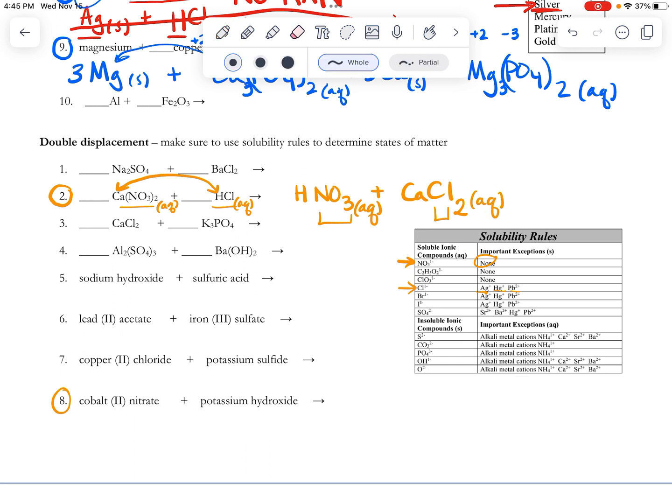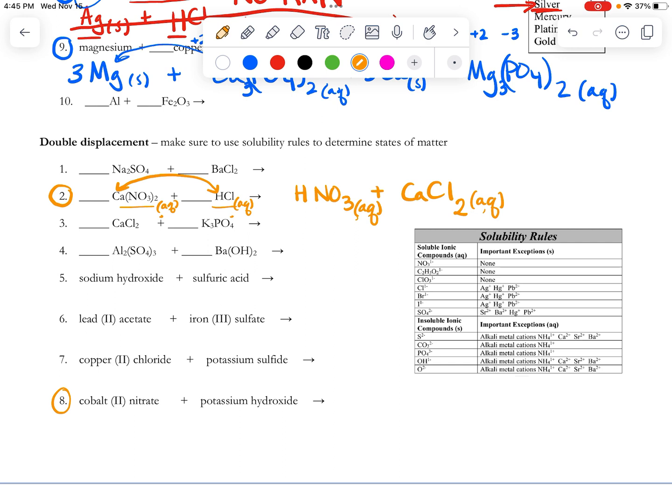In this reaction, we have produced no solid product. In double replacement reactions, if you take 2 aqueous solutions and you mix them together and you create 2 new aqueous solutions, nothing really changed. You have created no real new bonds.